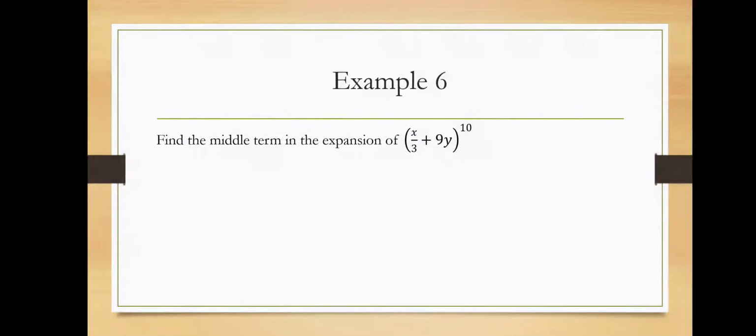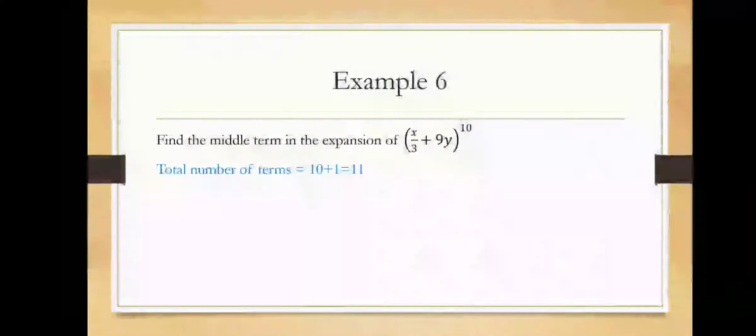Number 6. Find the middle term in the expansion of (x by 3 plus 9y) whole to the power 10. Obviously the first thing to look at is the power, which is 10, even, so the number of terms, that is 10 plus 1, is going to be odd. So there is only one middle term, and what will be that middle term?